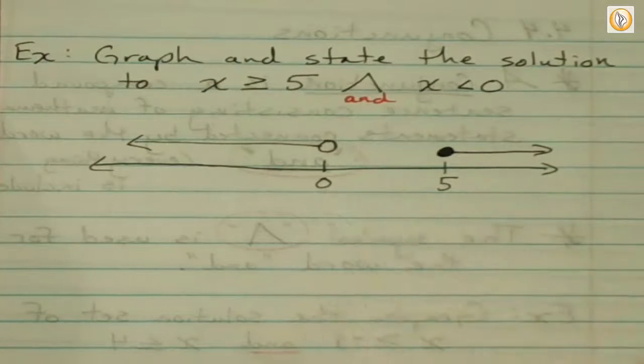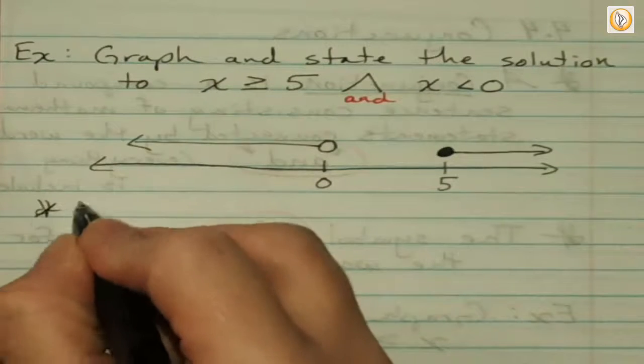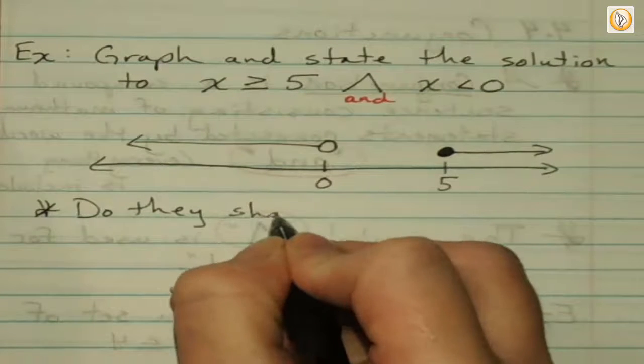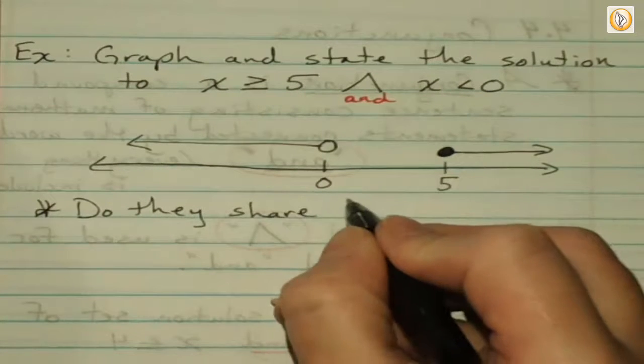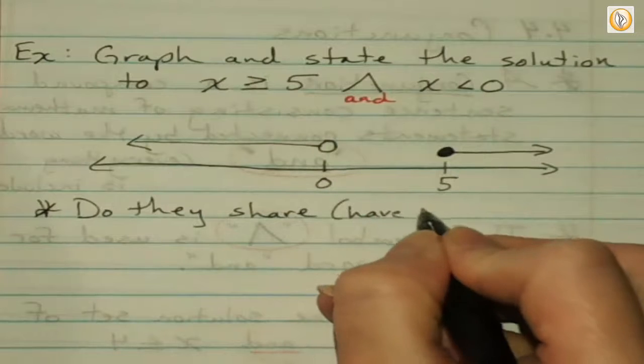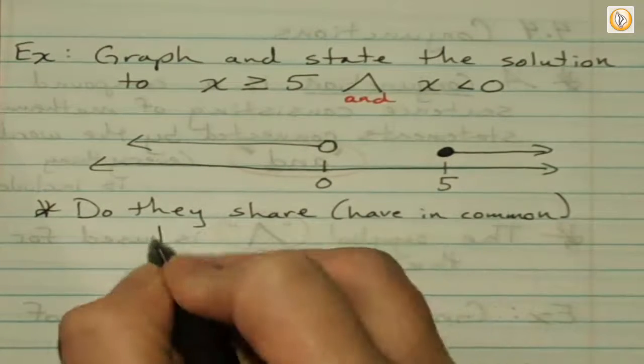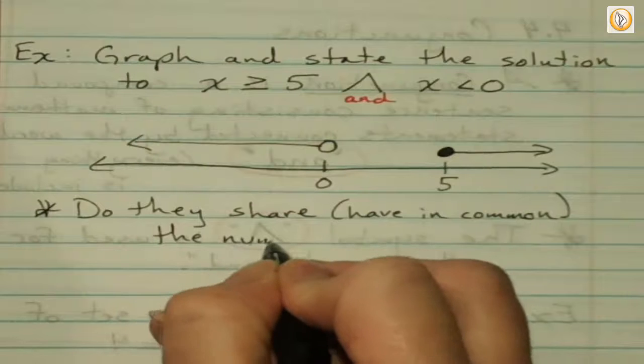Is there anywhere on this graph that they have in common? All right, so the question is, do they share, I'll let you write just a second, have in common the number line?